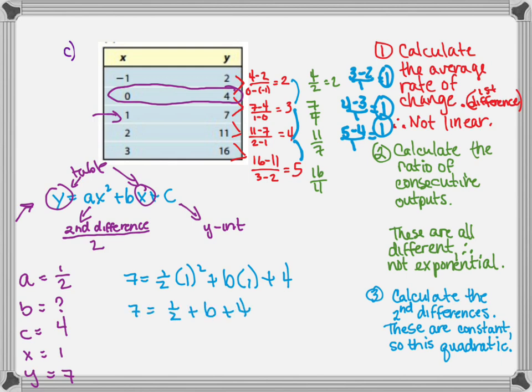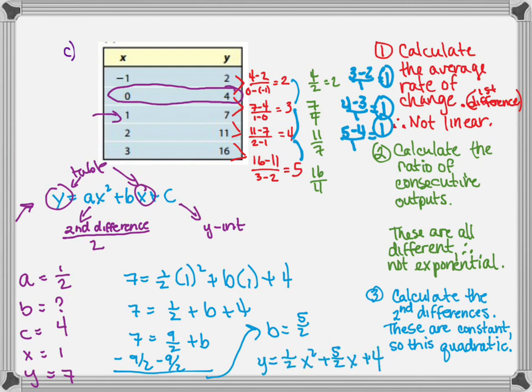Or 7 equals 1/2 plus b plus 4. Or 7 equals 9/2 plus b. I'll subtract 9/2 from both sides, and I get b is 5/2. So our quadratic model is y equals 1/2 x squared plus 5/2 x plus 4.